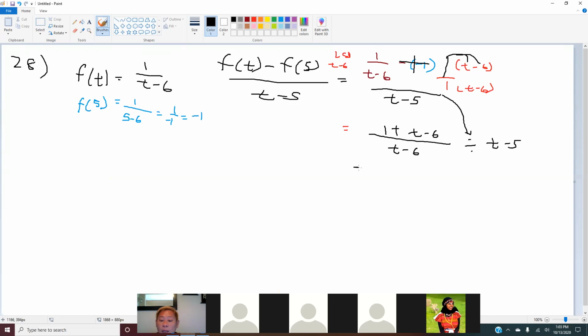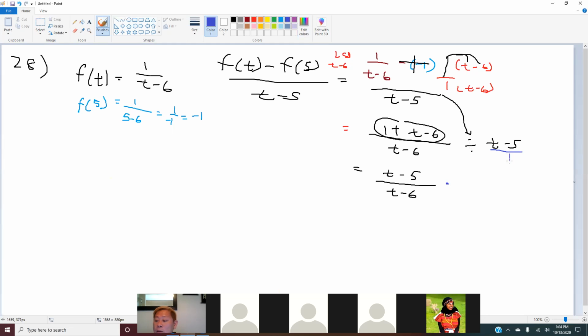And again, you cannot cancel. Please don't cancel this because of the plus here. So you can combine like terms here. When you combine like terms, you will get t minus 5, and then t minus 6 plus 1, which is minus 5. The division will change to become multiplication.